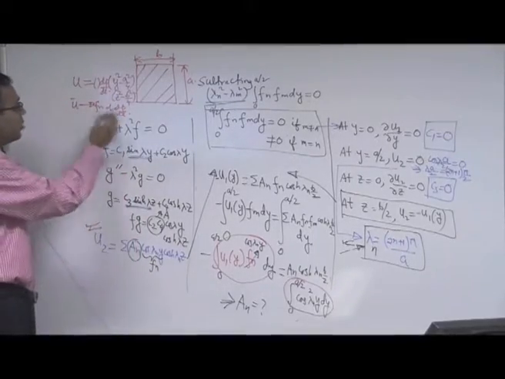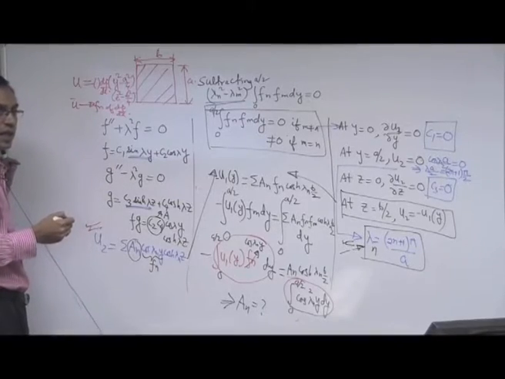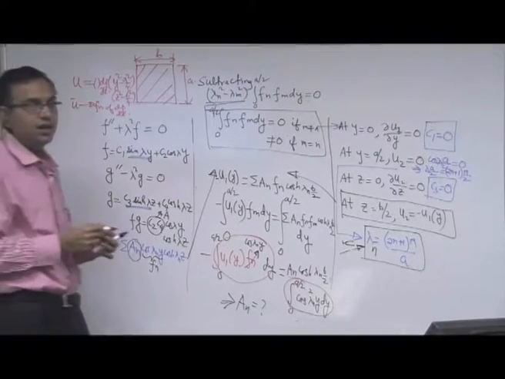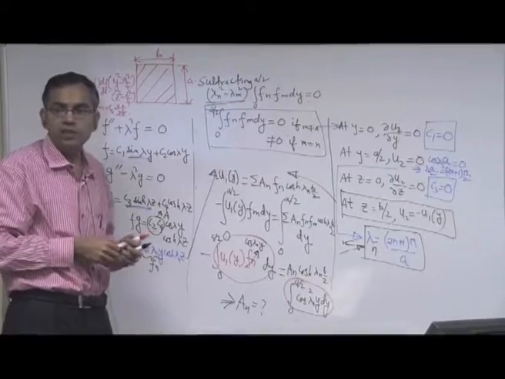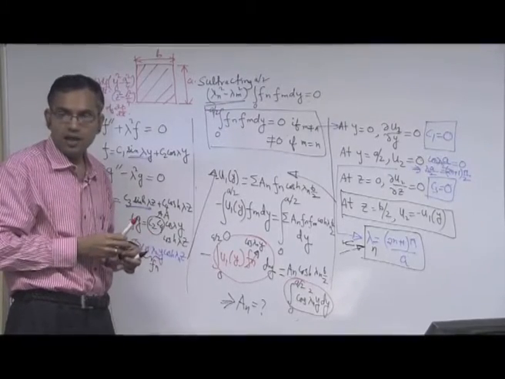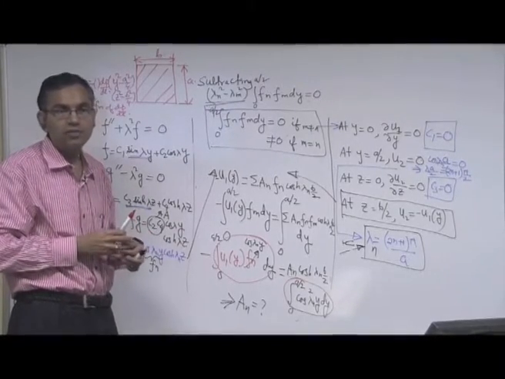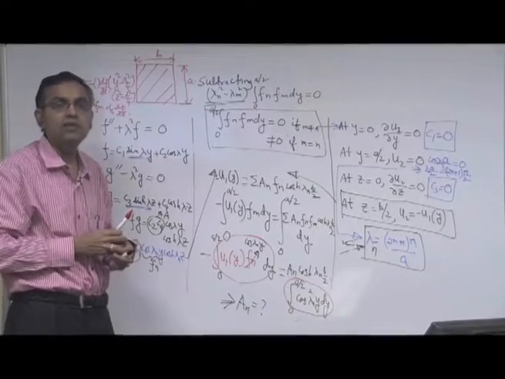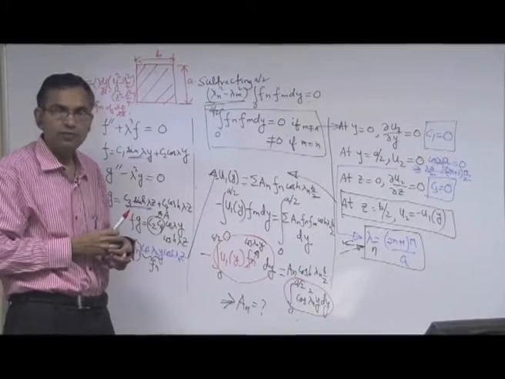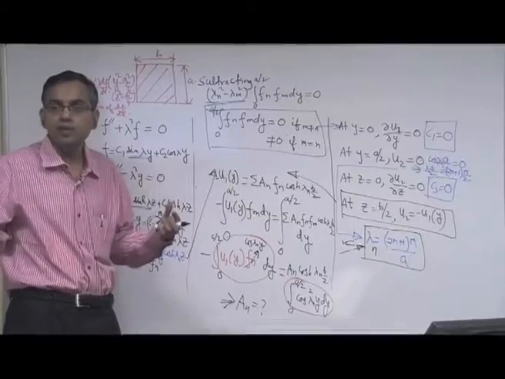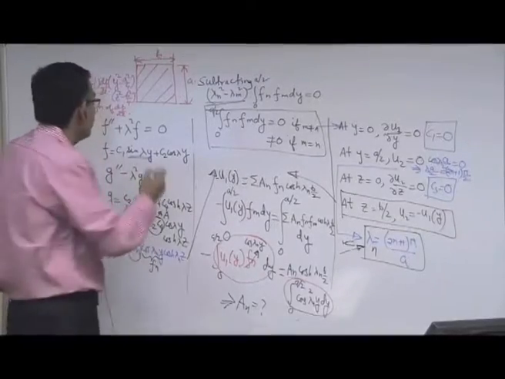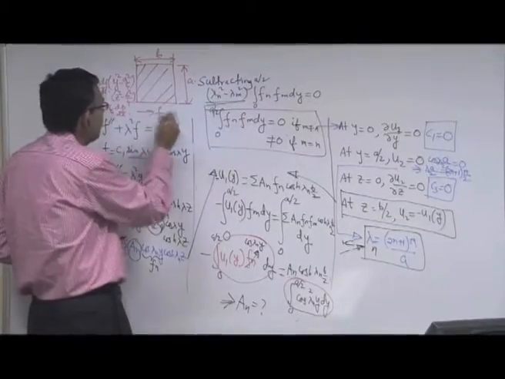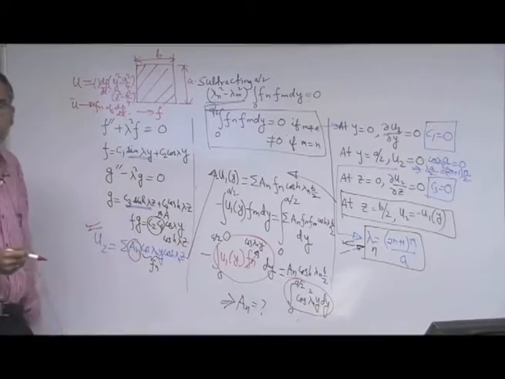So you can get u bar as a function of dp dx, and dp dx you can write as minus hf rho g by L. So from that you can find out an expression for the friction factor F, just in the same way as we did for the parallel plate channel. So find out F, the Darcy's friction factor.